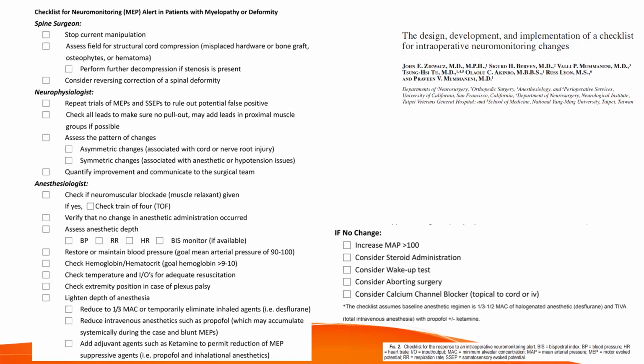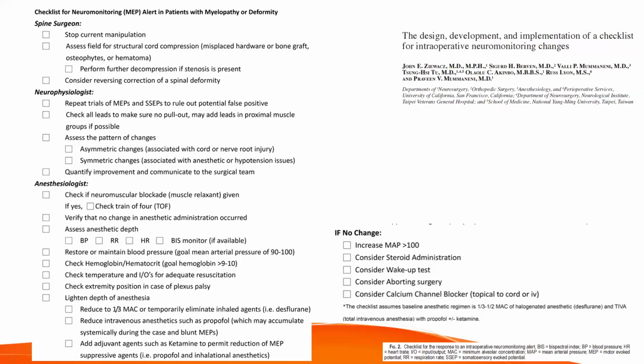The anesthetist should assess the depth of the anesthesia by monitoring BP, respiratory rate, heart rate, and BIS monitoring. BIS is the bispectral index. It is an algorithm to assess the level of consciousness by analyzing the EEG reading. It is computed from 0 to 100 and gives a result of how deeply the patient is anesthetized.